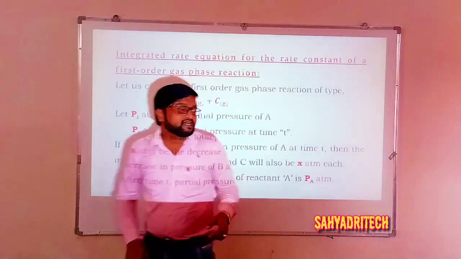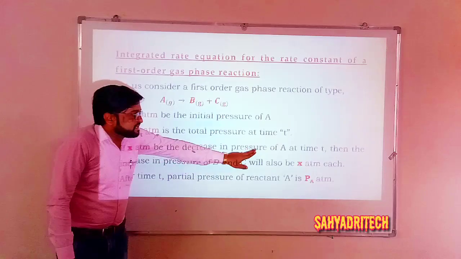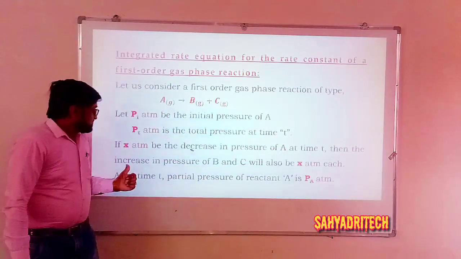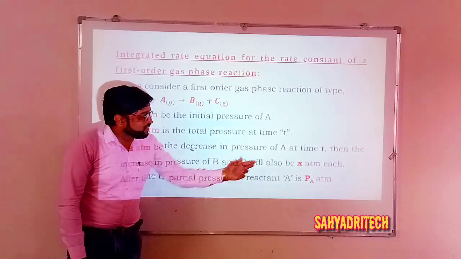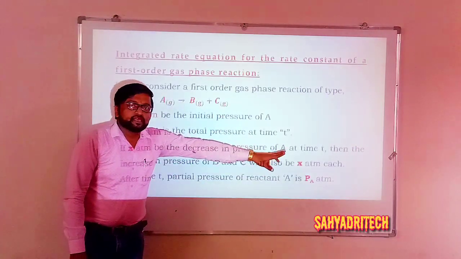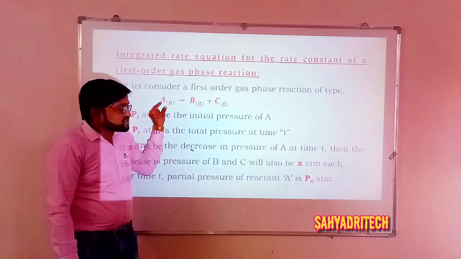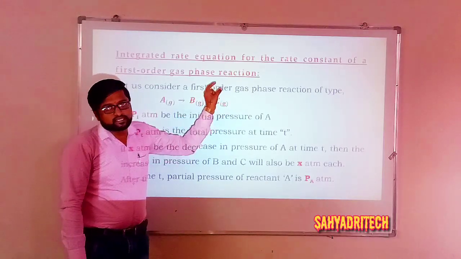Then what can I say here? If x atmosphere is the decrease in the pressure of A at a time t, then the increase in the pressure of B and C will also be x atmosphere each. Means if x is the decrease in partial pressure, with the same factor the pressure of B and C increases.